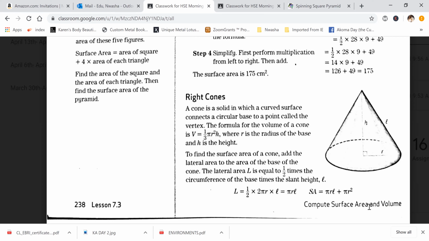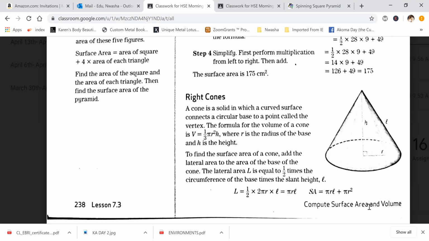So this one is 1/2 times 2 pi r times the slant height equals pi r times the slant height. What they're saying in this formula at the bottom is that because you have 1/2 times 2, that can cancel out.